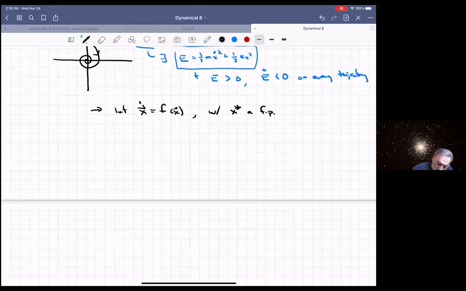And then we say the following. Suppose we can construct a function v of x, and it's going to be real valued. It's going to be continuously differentiable.